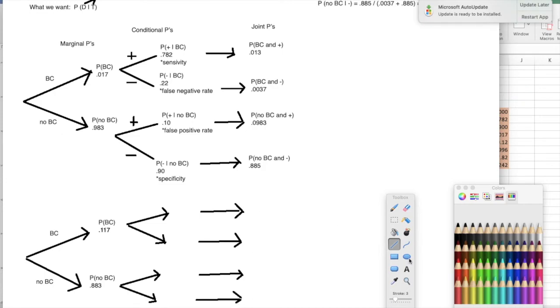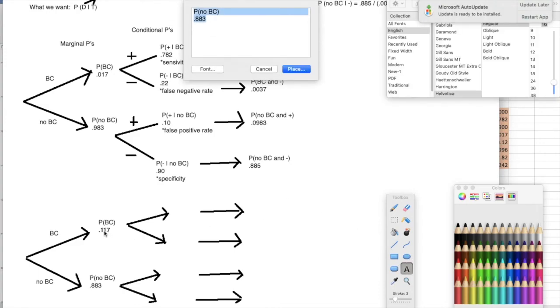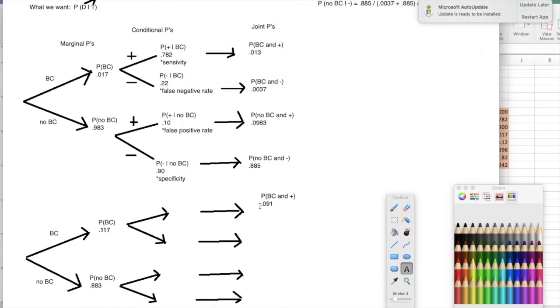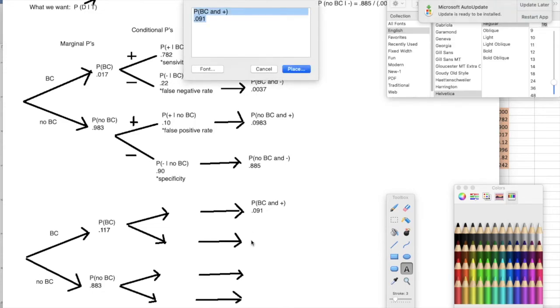Okay, so we multiply across 0.117 times, again, unchanged, it'll be over here. Probability of breast cancer and a positive test, 0.091. Probability of breast cancer and a negative test, 0.0257.